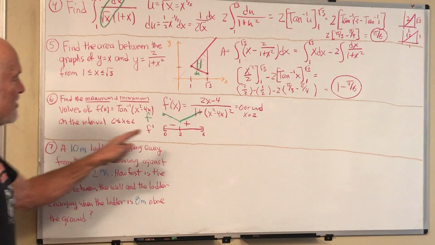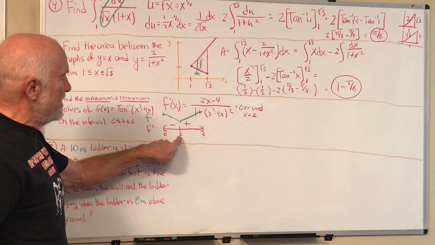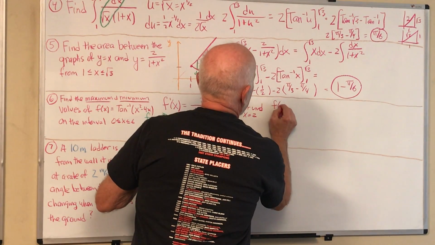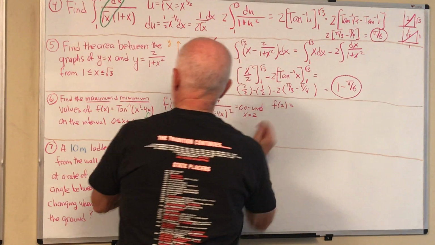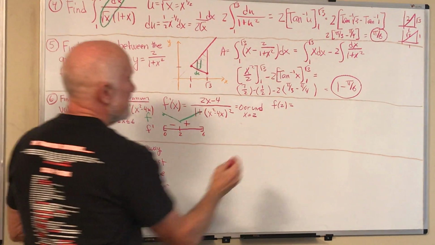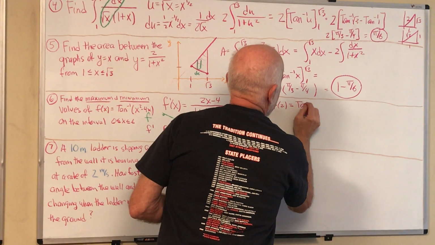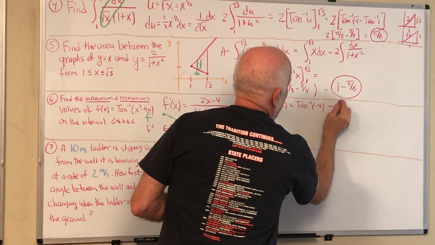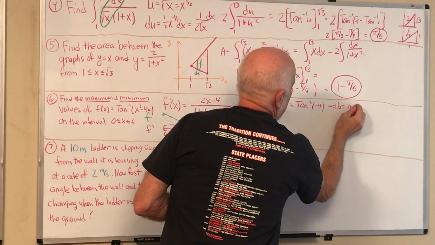So right away I can say my absolute minimum is f of 2. And what is f of 2? It's the inverse tangent of 4 minus 8. I can say that that's the absolute min.